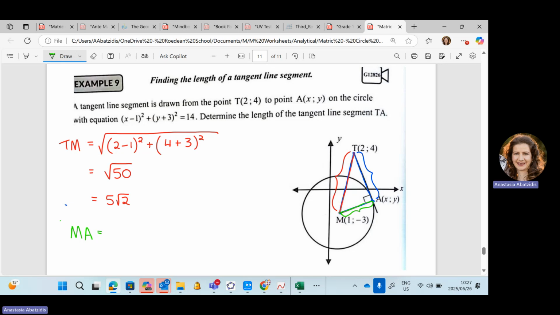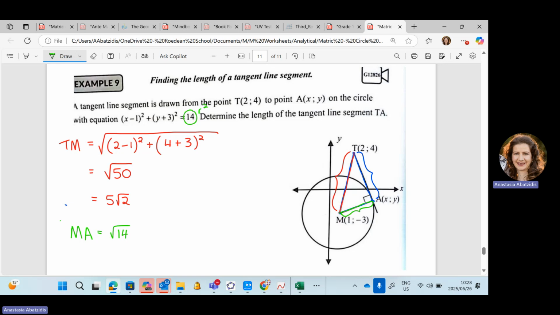So it's the square root of 14, because the equation of the circle says the radius squared is 14. Remember, this is r squared. So my radius is the root of 14. So now you've got this and you've got this. Can we work out TA?